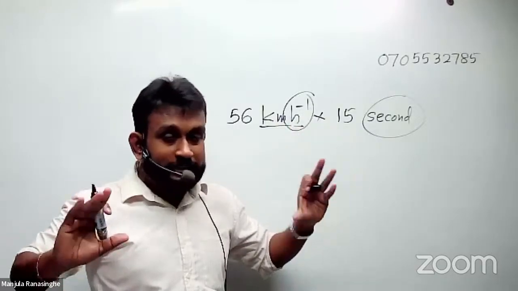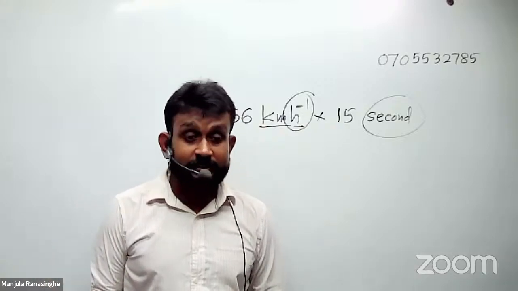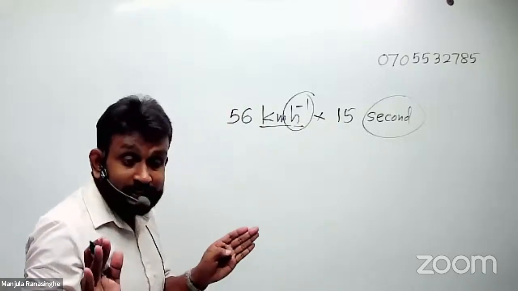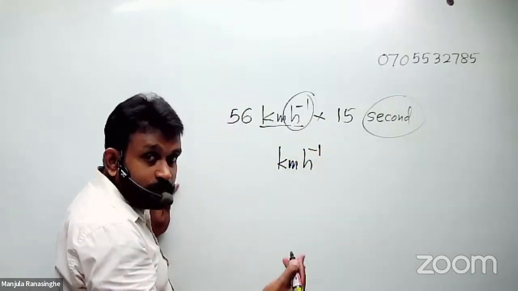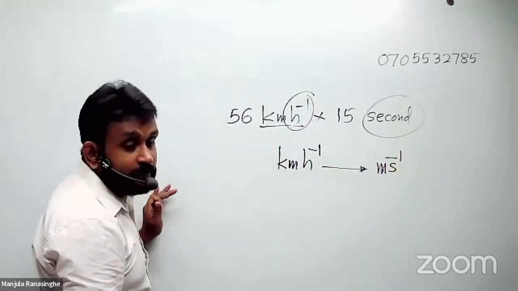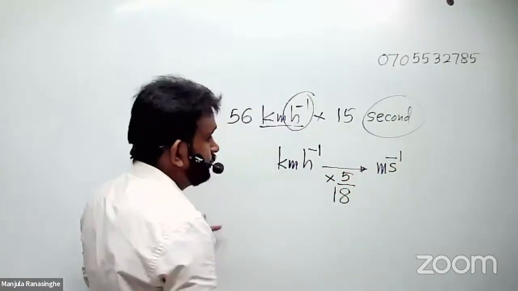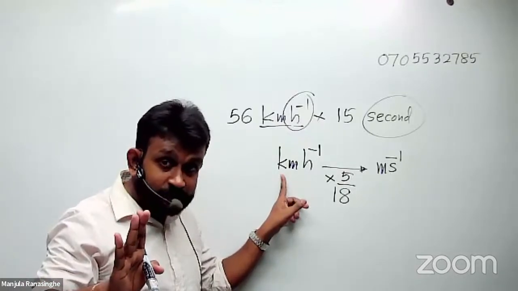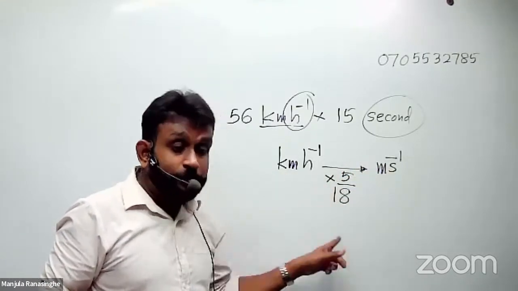can directly convert the kilometer per hour measurements to meter per second. What is the constant you have to multiply? This is also applicable in science. Kilometer per hour speed measurements can be converted to meter per second measurements by multiplying with 5 upon 18. So kilometer per hour speed can be converted to meter per second speed by multiplying that value by 5 upon 18.